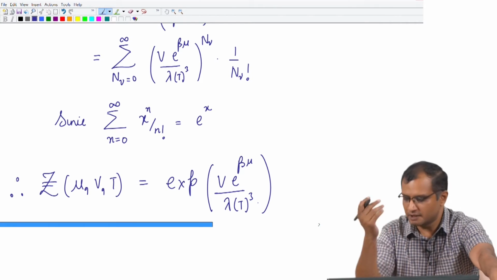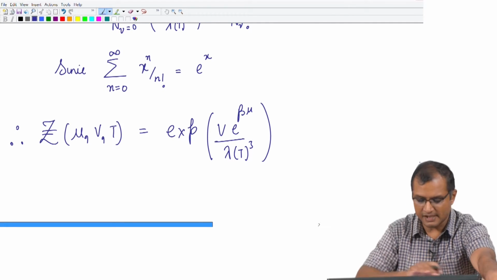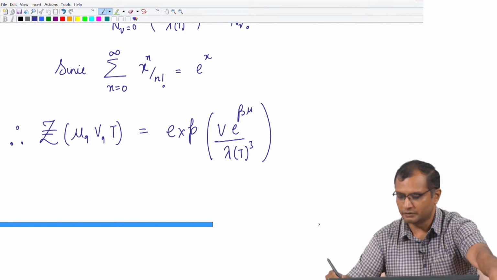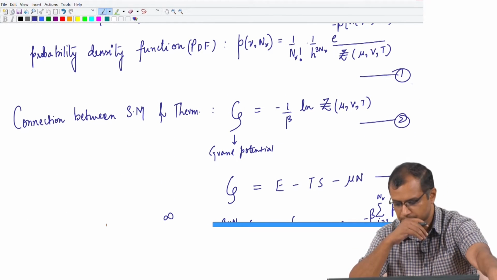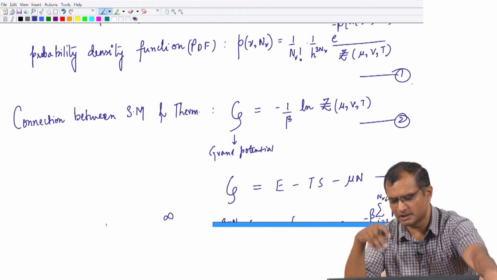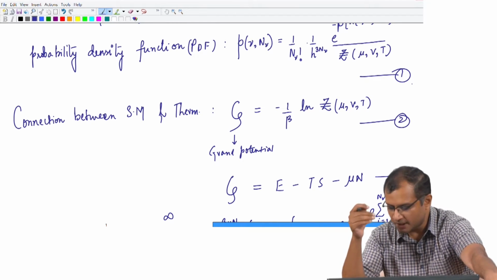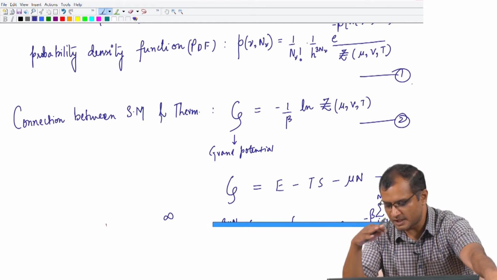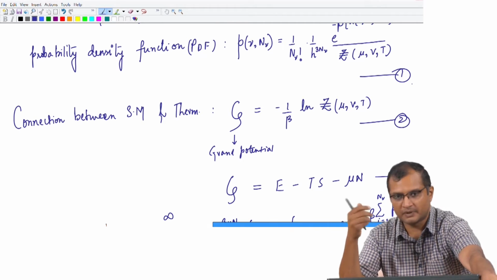So, now I can develop all thermodynamic quantities very easily, because look at this, Z is already with me now. If you go back and look at expressions 2 and 3, equation 2 will allow me to construct the grand potential, and grand potential is related to all the quantities S, mu and pressure through equation number 3, okay.